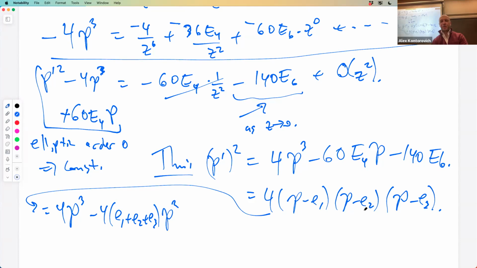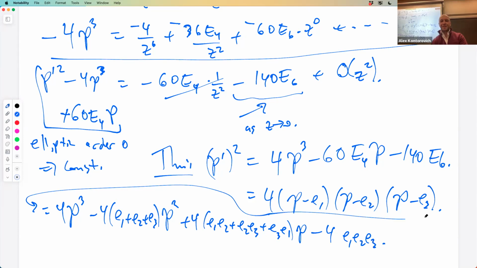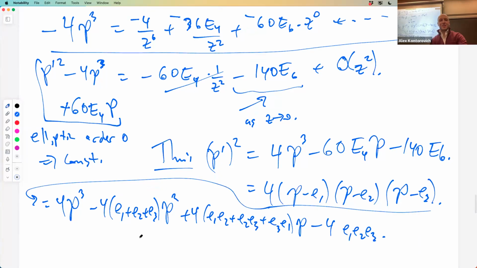I have to multiply 2 of these and 1 of the p's. So that's a plus 4, E1 E2 plus E2 E3 plus E3 E1 times p. And what's the constant term? Now I have 3 minuses, so minus 4 E1 E2 E3. What's the sum of the e's?